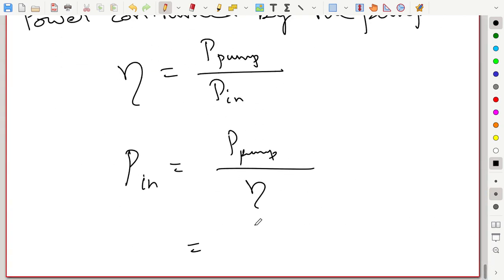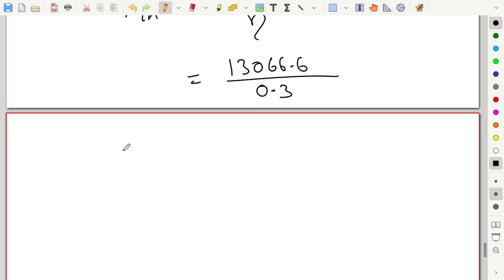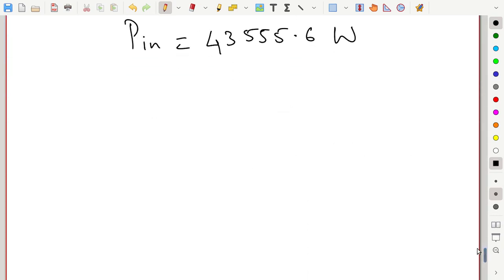So we can write this as 13,066.7 divided by, for 30% you can write it as 0.3. I have already calculated this value, and the power input is 43,555.6 watts.